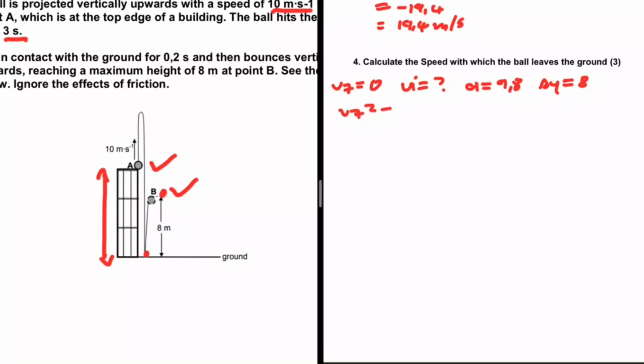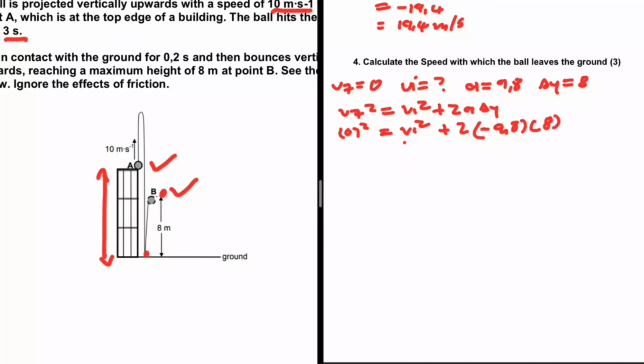Vf squared equals Vi squared plus 2a delta y. That should be quite easy to see. Vf is 0, so we have 0 squared equals Vi squared, what we're interested in, plus 2 times acceleration, which is minus 9.8, times delta y, which is 8.